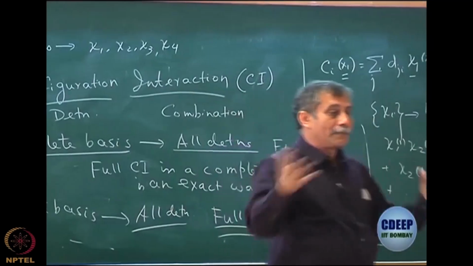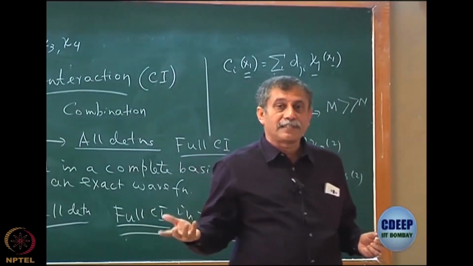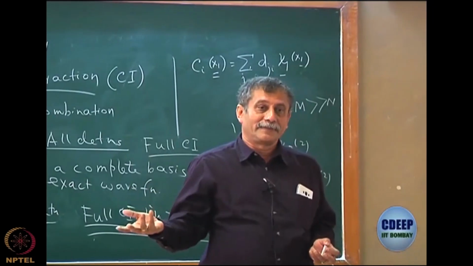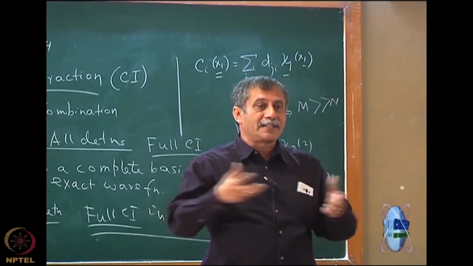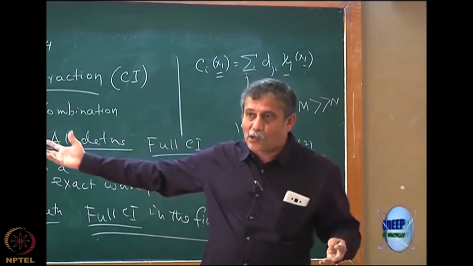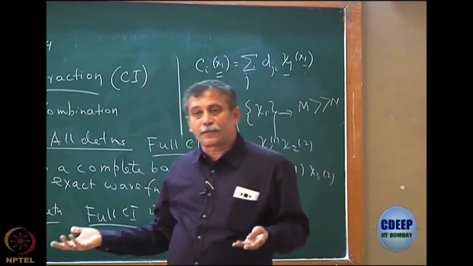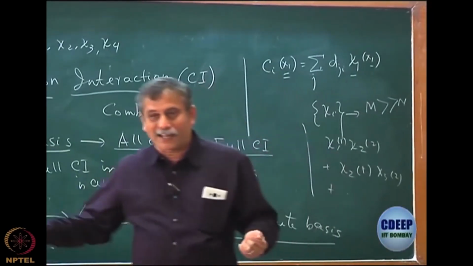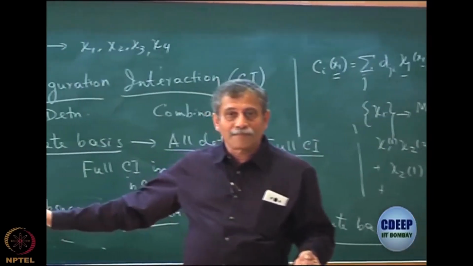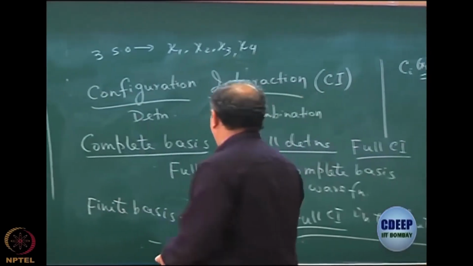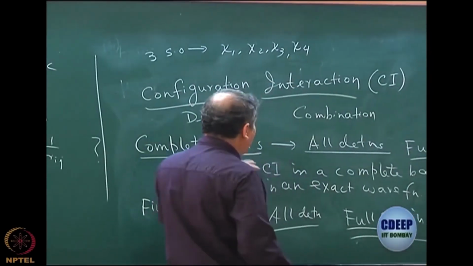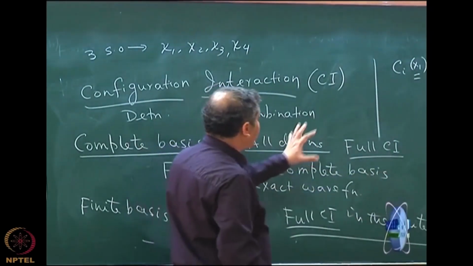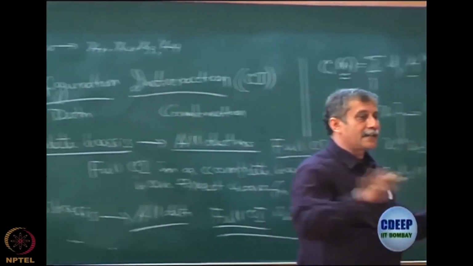Remember, if I solve the Schrodinger equation by full CI, the results will be different because your basis is different. If you keep on increasing your basis, your number of determinants in the full CI is more, and then the results will be different. Of course, if you do not take all determinants, then again results will be different. So, there are lots of approximations we can do, but let us understand that the exact answer is full CI in a complete basis. I have a complete basis, I have all determinants, do full CI, that is an exact function.